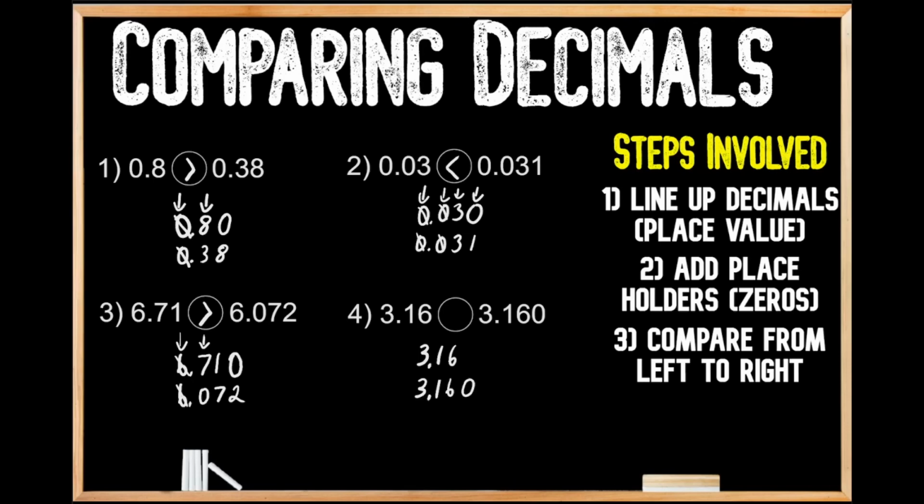Now that we've lined up our decimals, we add our placeholder 0 to our empty space in the thousandths place. When we compare from left to right, it's pretty obvious that these decimals have the same value. So 3 and 16 hundredths is equal to 3 and 160 thousandths.